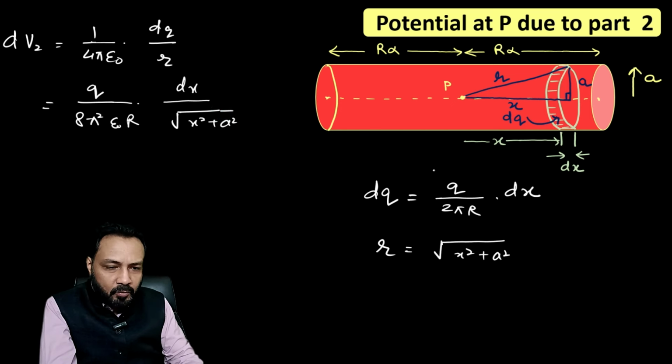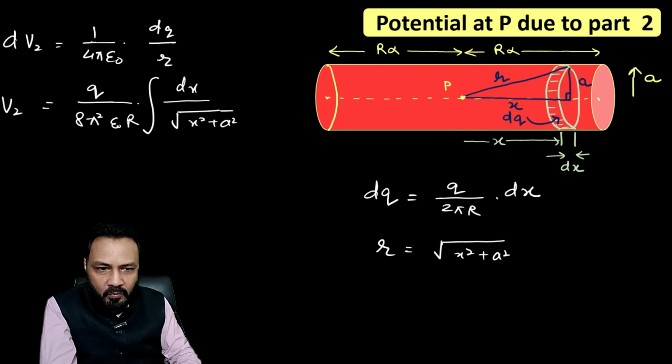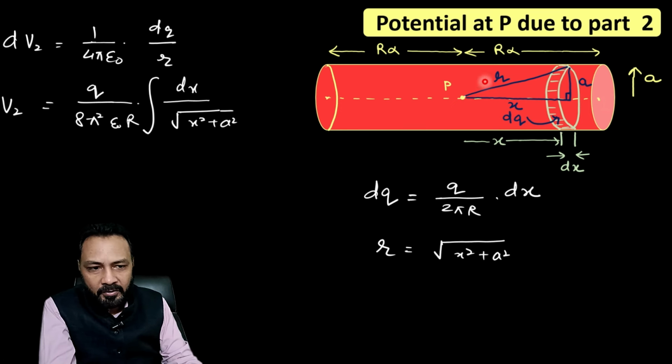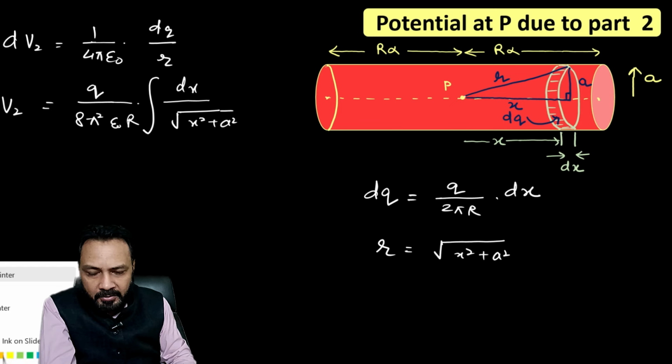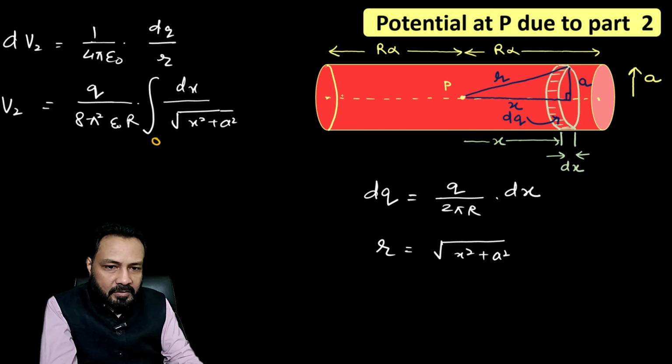So now because of this whole part, the potential at P, V2, will be the integration. The limit of x will go from minus r alpha to plus r alpha. So again I will do the half integration and double that integral. Let me take this integration from 0 to r alpha and multiply it by 2.